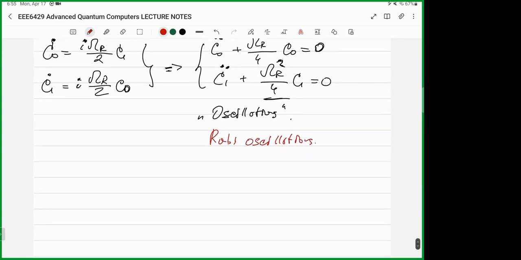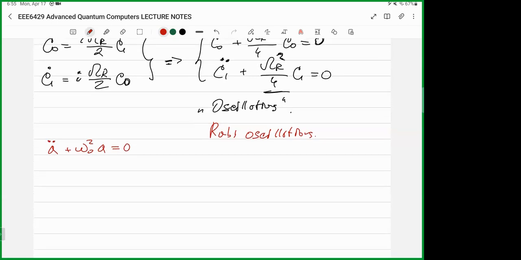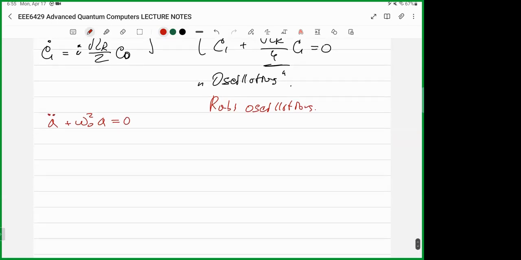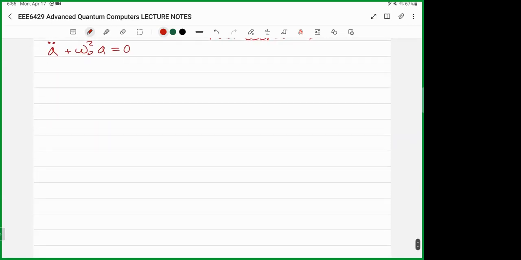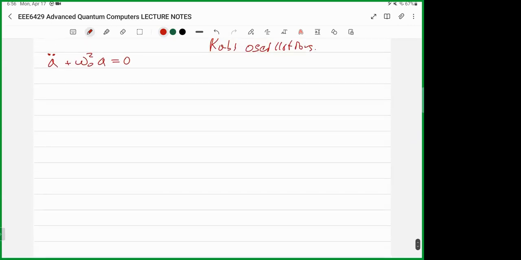You probably remember this from mechanics or electrical engineering. This very simple second order differential equation, like the second derivative of amplitude plus omega_0 squared A equal to 0, right? So the solution of this is just sine or cosine, harmonic oscillations. The same way we find solutions to these two, and let me write them in red.